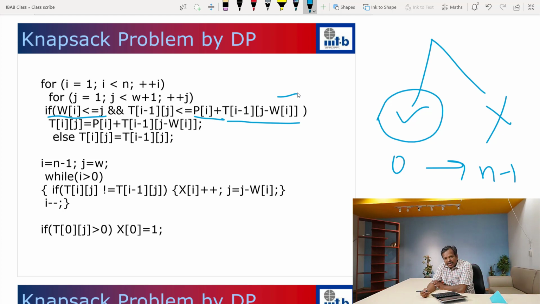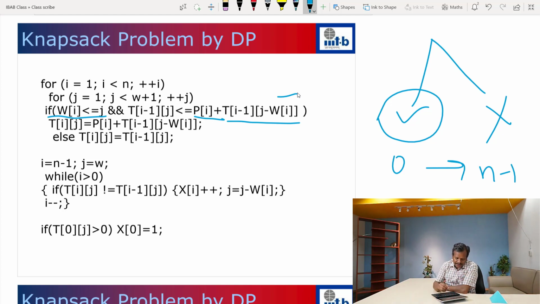If this is bigger than T of I minus 1 comma j, which does not consider the ith item, that is, if the profit after I pick the ith item is greater than the case where I ignore it, then T of I comma j will be set as P of I plus T of I minus 1 comma j minus wi.